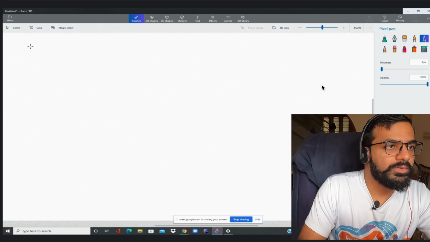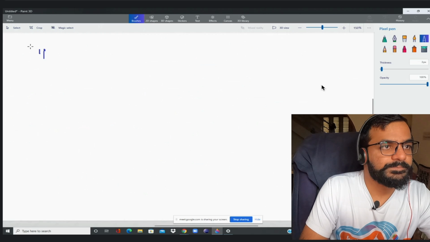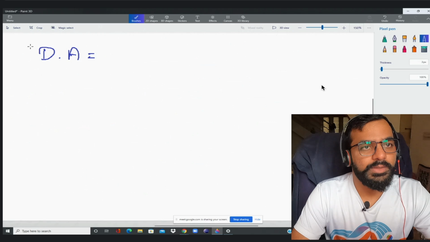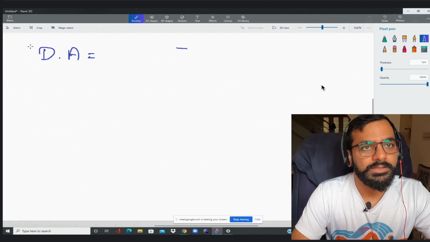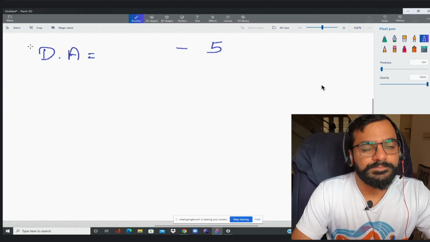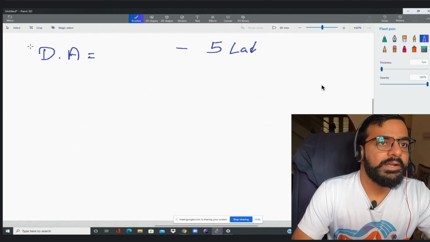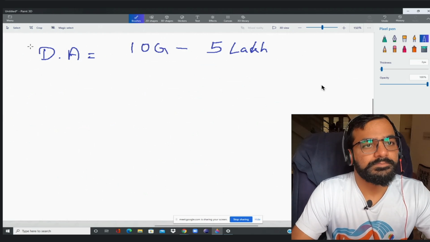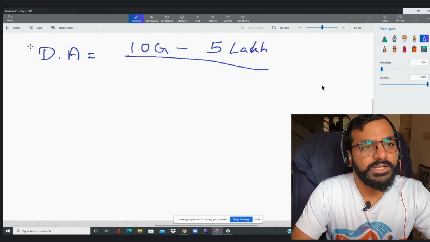Now you said depreciating asset. As I told, after 10 years the value will be 5 lakhs. We'll keep it here. The paid value of the machinery was 10 crores, and the total number of years is 10 years.